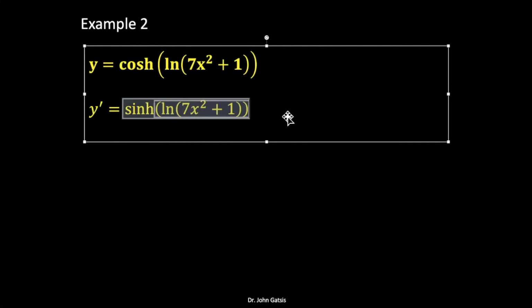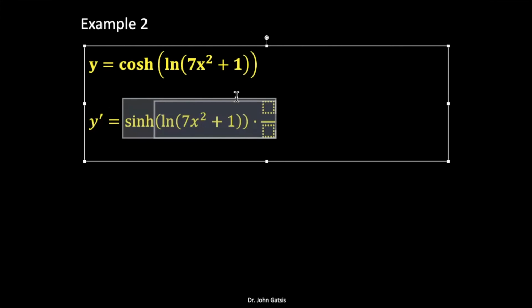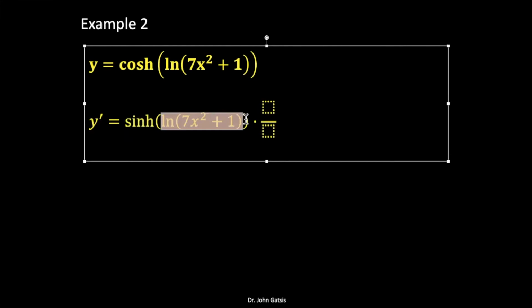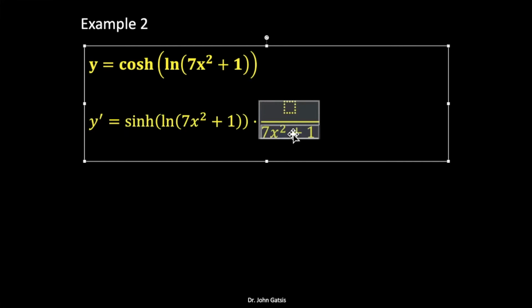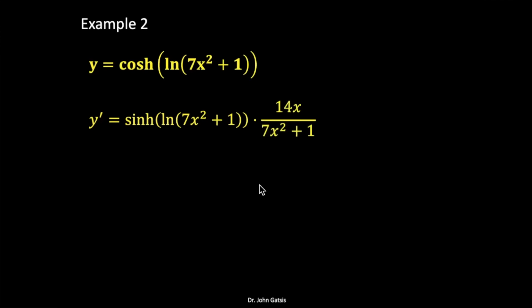We covered these derivatives in an earlier video. In this case, we know the derivative of a natural logarithm, specifically, is writing the reciprocal here. So we'll have 7x squared plus 1, followed by the chain rule, or the derivative of that, which is 14x. I just like to put the 14x on the top as such. And that is the derivative.